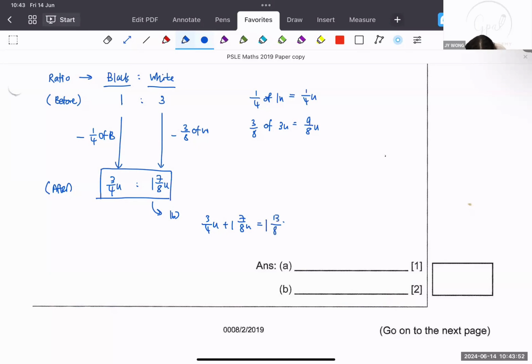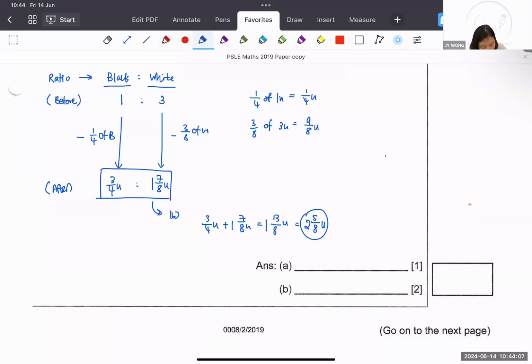This is 13 out of 8. So this number of units, I make it to a mixed number. So this number of units will give you 63 bits that's left. So this is by using fractions.